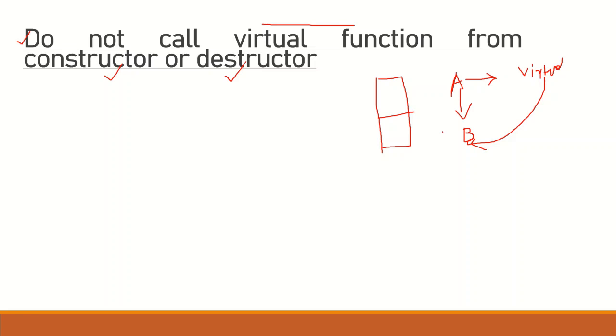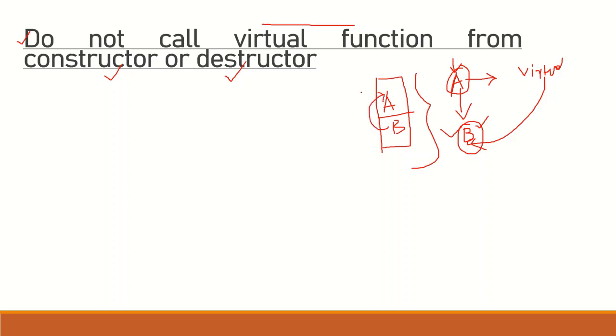We should keep in mind that before creating the object of class B, class A's constructor will be called. That means after creation of the class A object, class B's object will be created as part of it. So A will be created first, then B. Now, we try to call a virtual function of B from A's constructor.